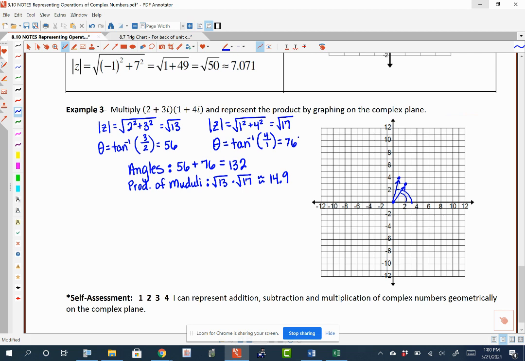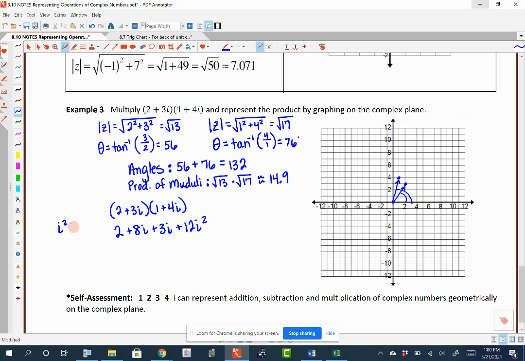So where is our actual complex number located? If I take my 2 plus 3i times my 1 plus 4i, I should get that ending location. 2 times 2 as we distribute, 2 times 4i, 3i times 1, and 3i times 4i.